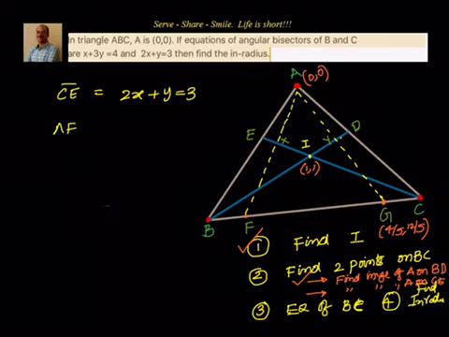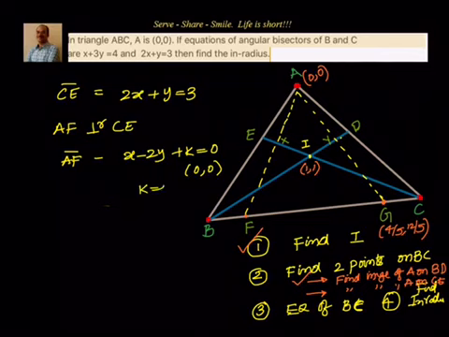AF is perpendicular to CE. That means the AF equation will be of the form x minus 2y plus k equal to 0. But it passes through 0 comma 0. That means if you substitute 0 comma 0, you get k equal to 0. That means the equation is x minus 2y equal to 0. So the equation of AF is x minus 2y equal to 0.